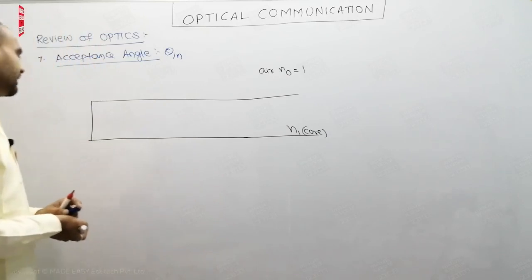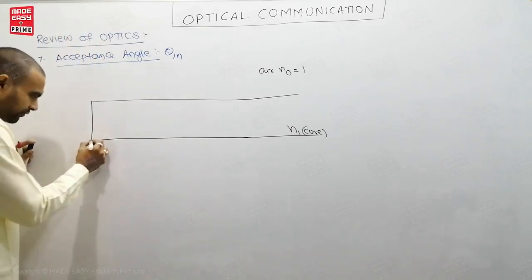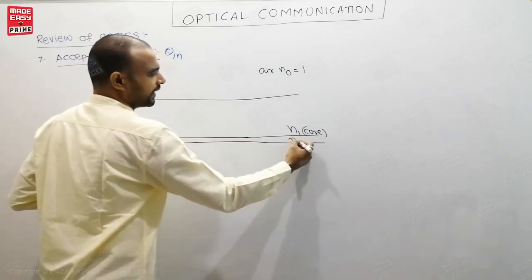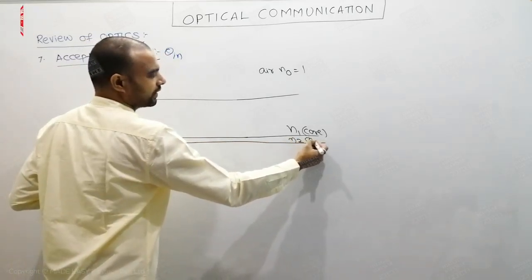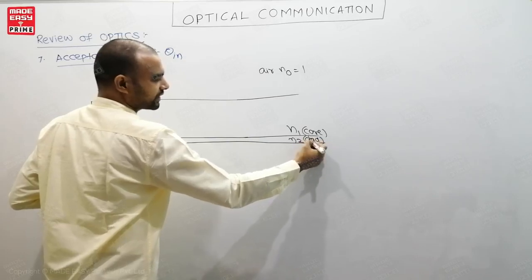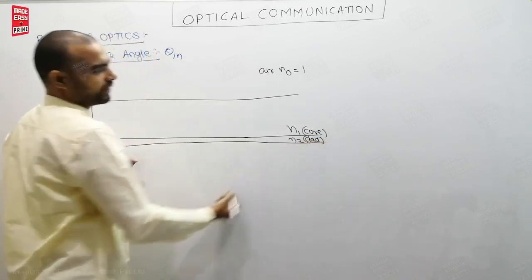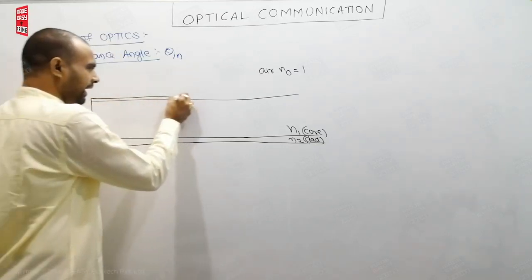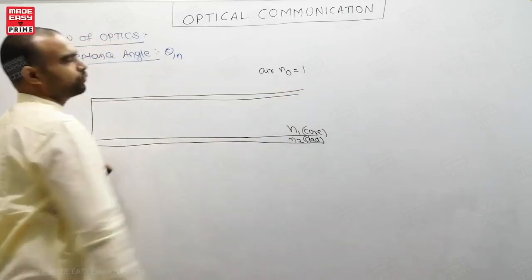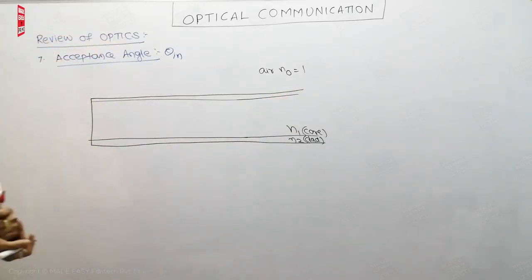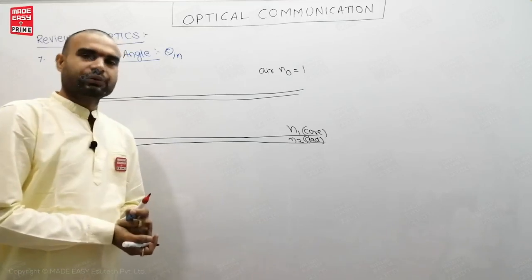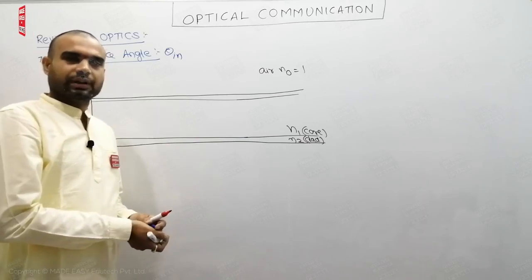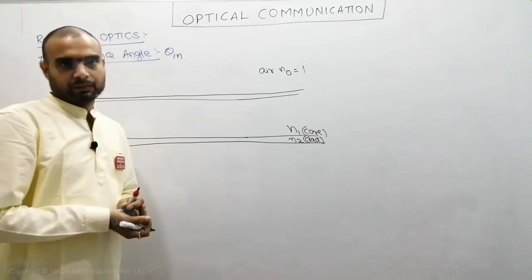So to avoid these problems, we put some clad. The refractive index of such clad is N2. By putting this clad, we can differentiate between the two fibers very easily. That is, for fiber 1 and fiber 2, we can bunch all the fibers. The light within a fiber will be confined to that particular fiber only.